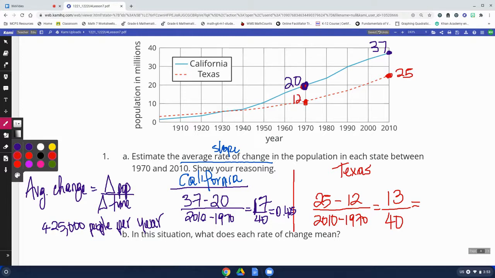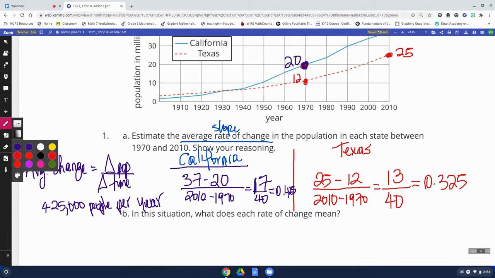Which, when you divide 13 by 40, is 0.325 million, which means that in Texas, there was an increase of 325,000 people per year.